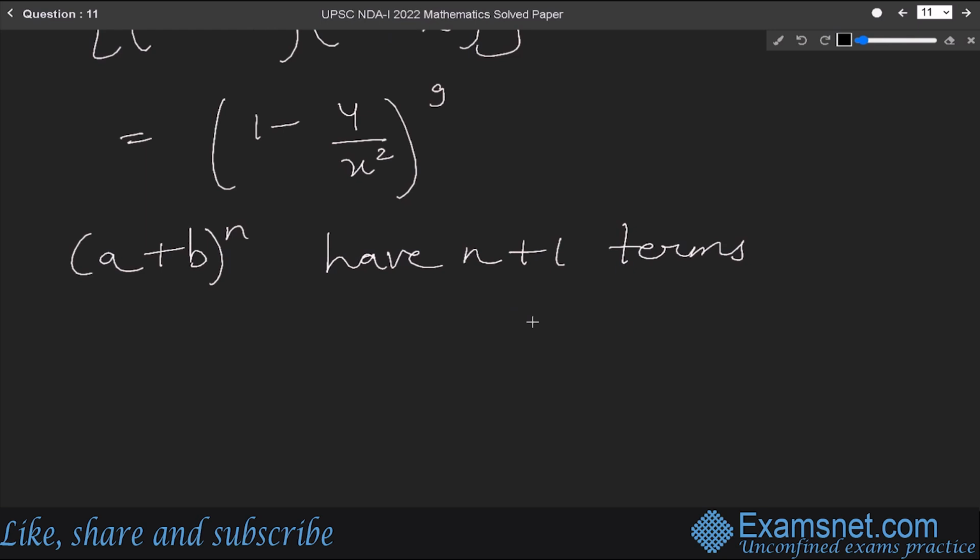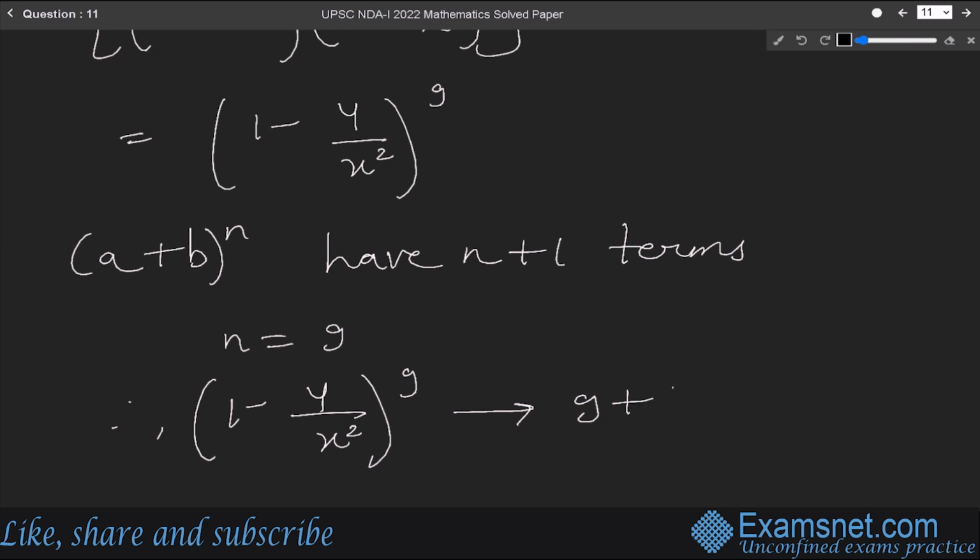Therefore, here n is equal to 9, and therefore (1 - 4/x^2)^9 will have 9 + 1 terms, which is equal to 10 terms. So, the correct answer is 10.